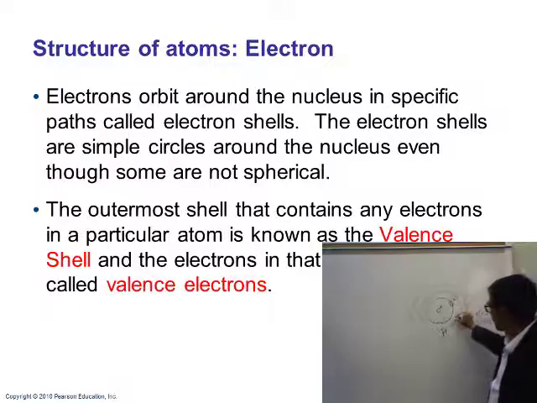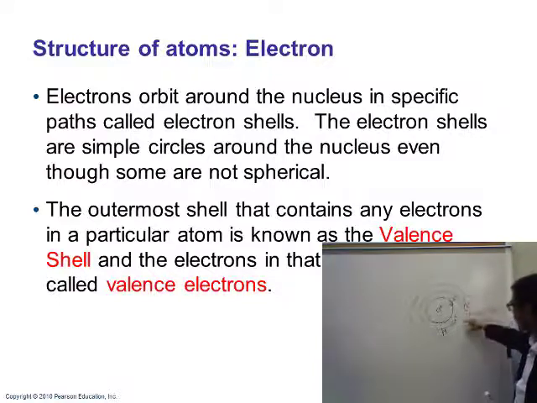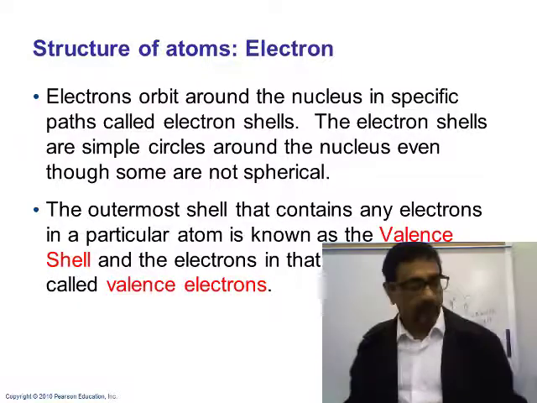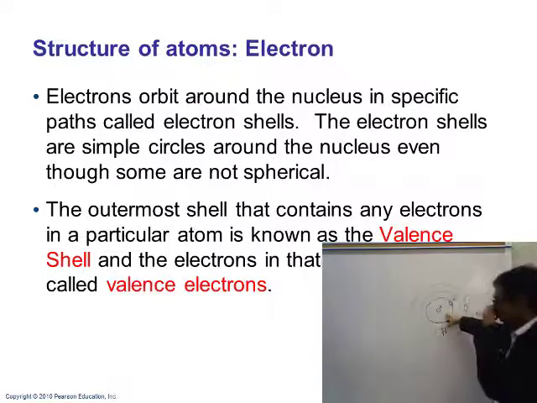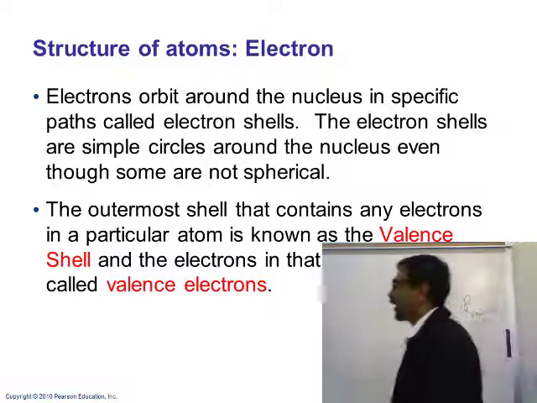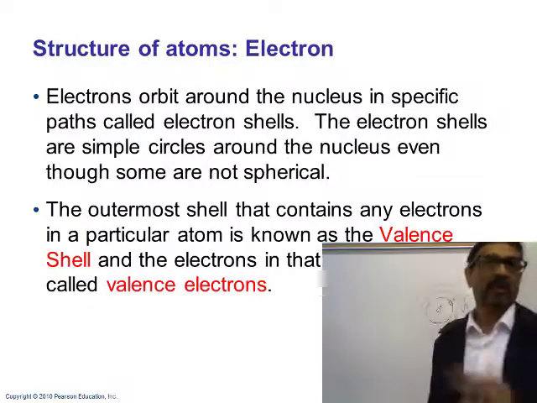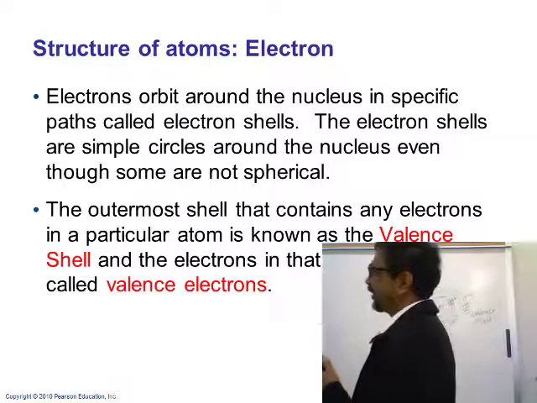These are not valence electrons. This one is the valence electron, because that's the electron present on the valence shell. So the information is the atom could have one shell or more than one shell, and if more than one shell, the outermost shell is called the valence shell, and the electron or electrons on that shell are the valence electrons.